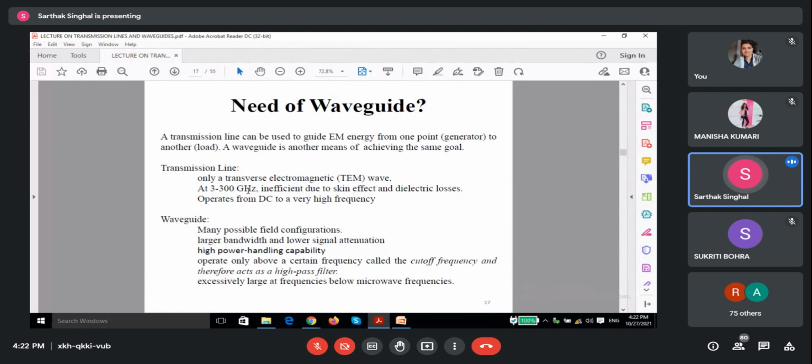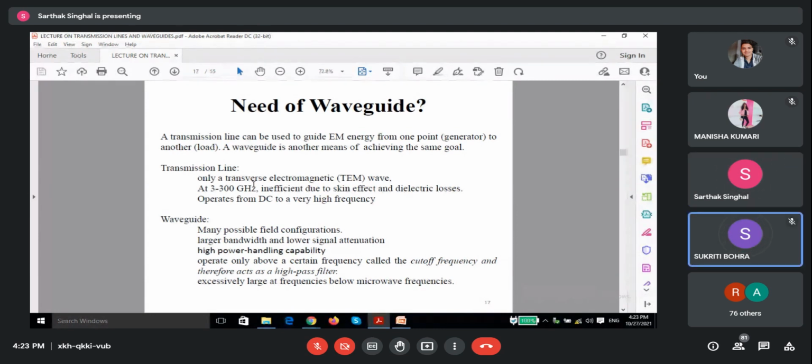At the frequency of 3 to 300 gigahertz, due to the skin effect and the dielectric losses, your transmission line will be inefficient. And in case of transmission line, only the TEM mode was able to propagate, that is the transverse electromagnetic wave.